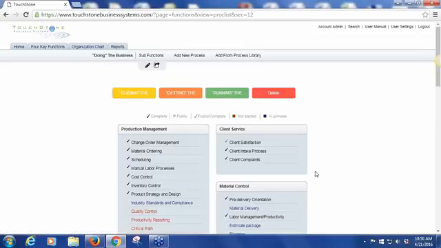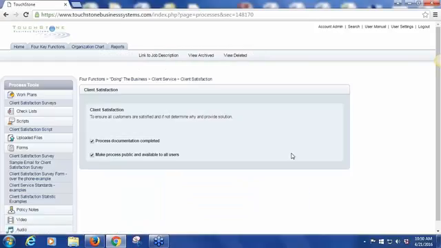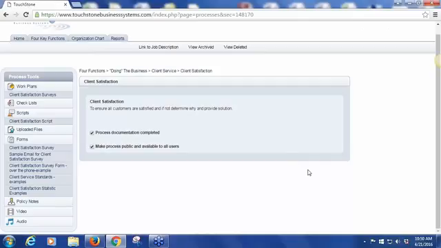So one element or area that ties those two things together, the selling and the delivering, is what we call client or customer service. We have a process in the library called client satisfaction. The gist of it is you want to have a way of checking in with your customers to make sure that they're getting what they were promised, that they're happy with what they got.